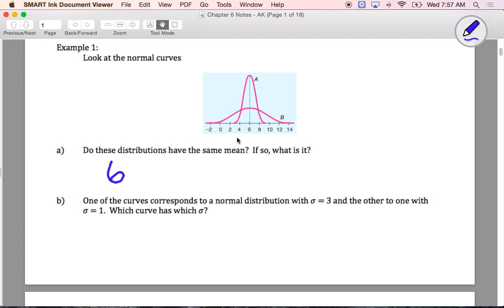Then it says one of the curves corresponds to a normal distribution with sigma equal to 3 and the other one to sigma equals 1. Which curve has which sigma? If you have a sigma of 3, you're going to be more spread out because every step away from the mean is 3 for your sigma.